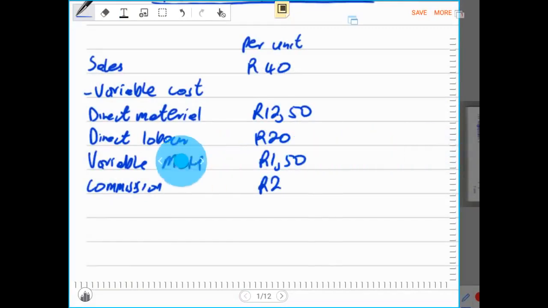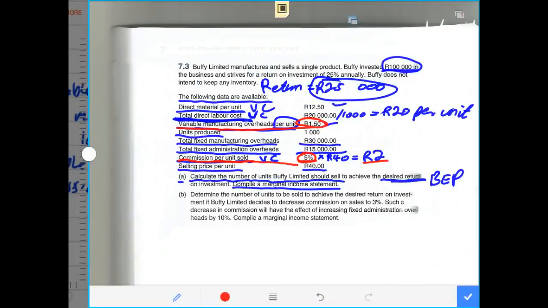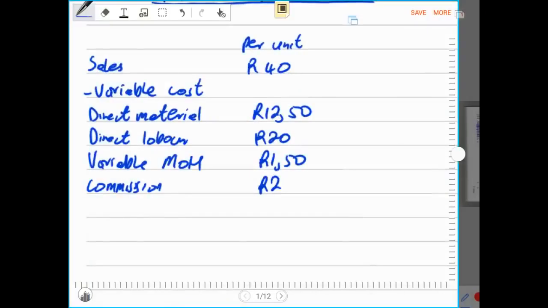And we have taken into account all the variable cost. Remember, if there was also packaging cost, because packaging cost is also a variable cost, unless stated otherwise that it is fixed, then you also have to take into account that packaging cost. Any cost that is variable must be taken into account when we are doing the contribution per unit.